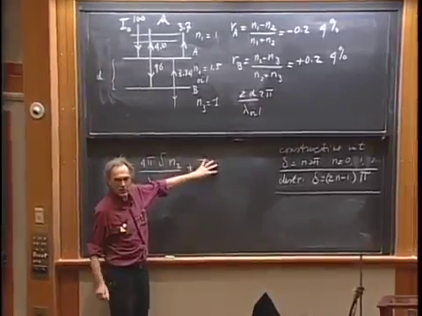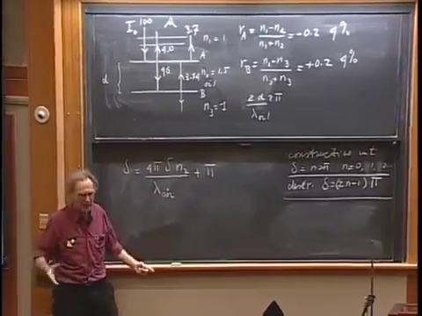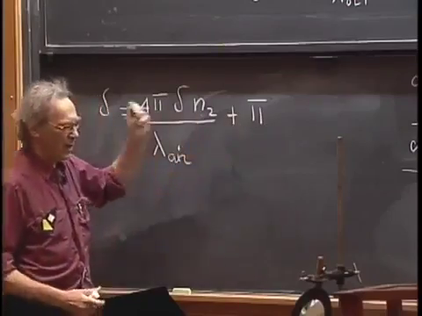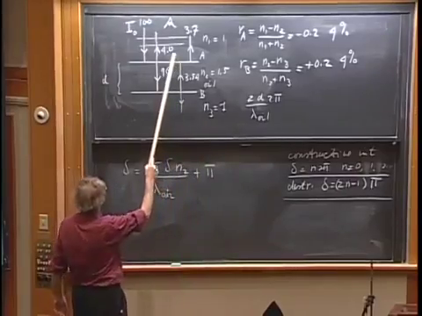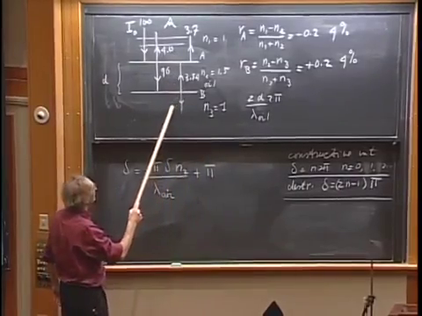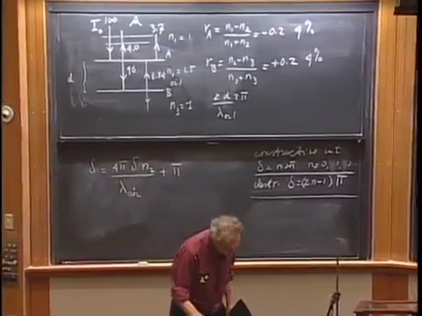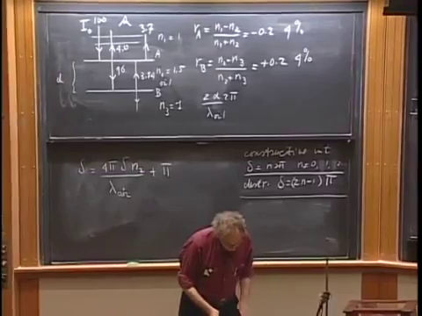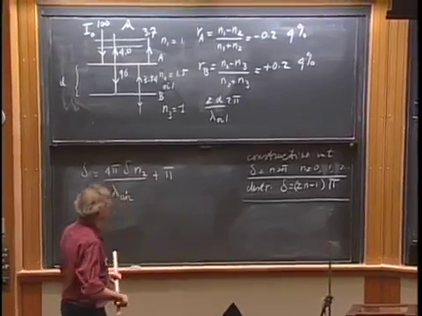The rest would remain the same. So don't think of this as a universal equation. There is no such thing. So this pi is the result of the fact that here N2 is larger than N1, but that here N3 is smaller than N2. That's why you get only pi. So now we are in business.